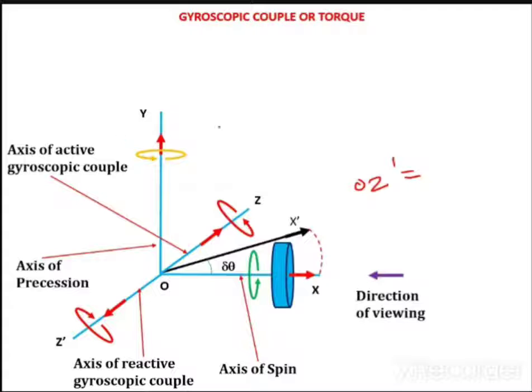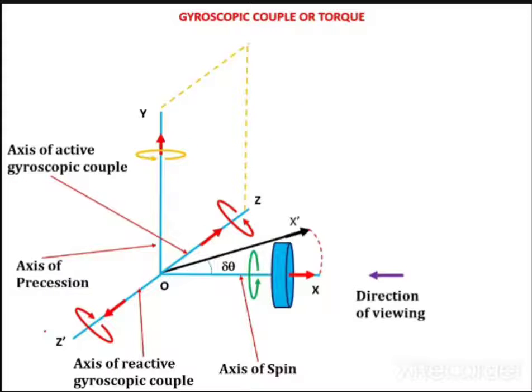Whenever you are applying a torque, let us call it an active torque, it will be opposed by an equal and opposite torque, which is called the reactive torque. The axis of the active torque is called the axis of active gyroscopic couple, and the axis of the reactive torque is called the axis of reactive gyroscopic couple. So to understand the gyroscope, we have three axes: OX, OY, and OZ, and OZ dash. Is it clear? Now we will understand the next.